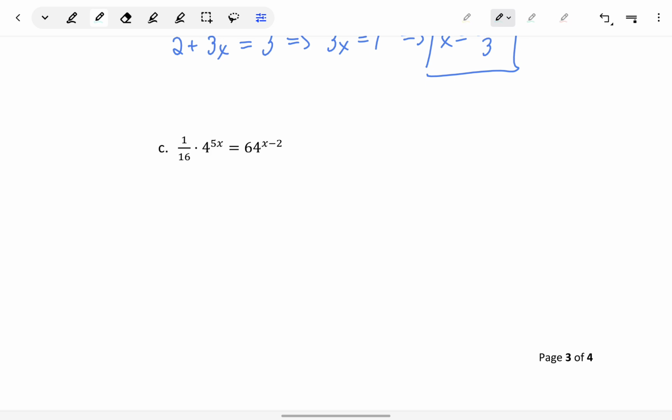In part C, we want to take the same approach. Again, a more complicated equation to start off with. So we look for the base with the smallest value, which in this case is 4, and start thinking about how we can rewrite the rest of the problem in terms of 4 being raised to some power.